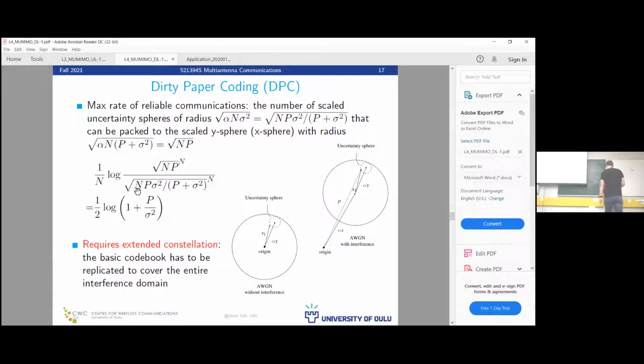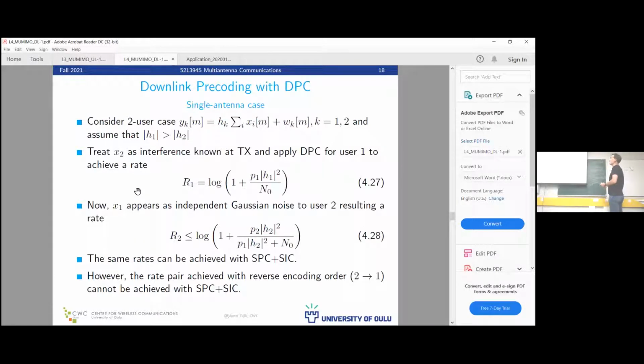Okay. Now, downlink precoding with dirty paper coding. Let's again take this simple example that we already covered for the superposition coding. Single antenna, 2 users.